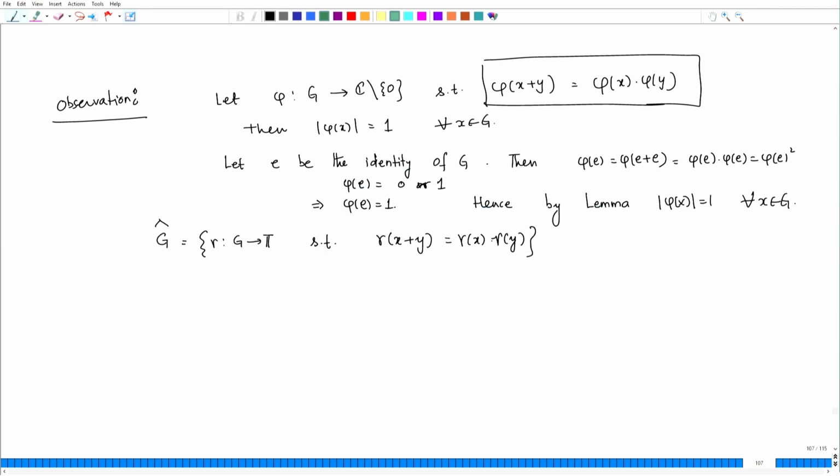Obviously this is a non-empty set because there is a trivial map. If all the elements are mapped to 1, then that is going to be true.